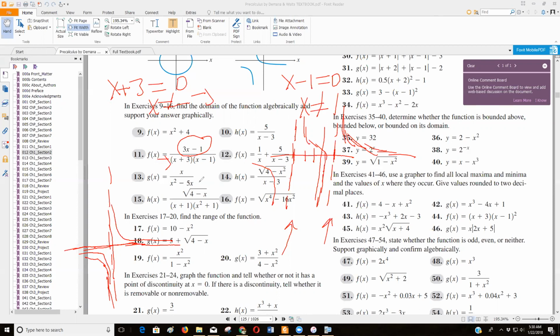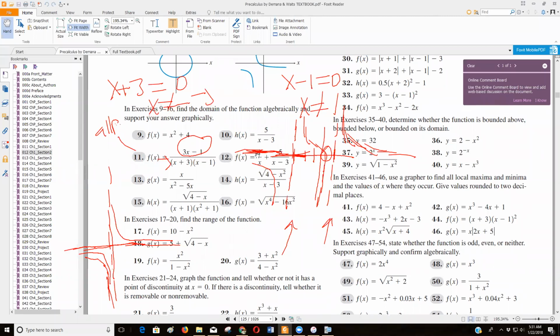For this one, I think it's the same deal, except it does cross the x-axis here. So I think the range for this piece is all reals. Of course, they aren't asking us this for this piece. And then the domain will be everything except x equals -3 and x equals +1.